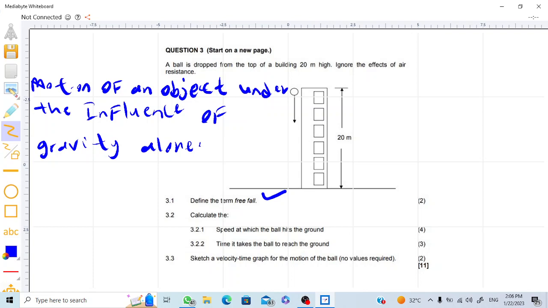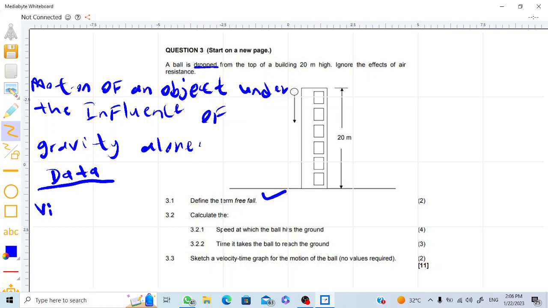Now, what did I say? Start by determining your data. What do you have as your data? You have V initial. Why? They said a ball is dropped.